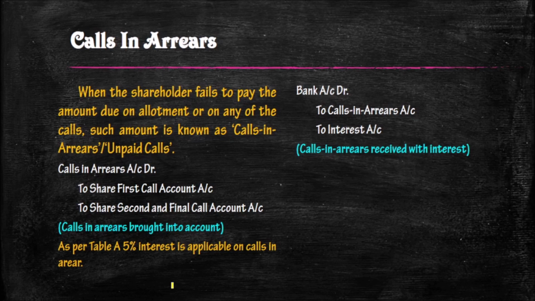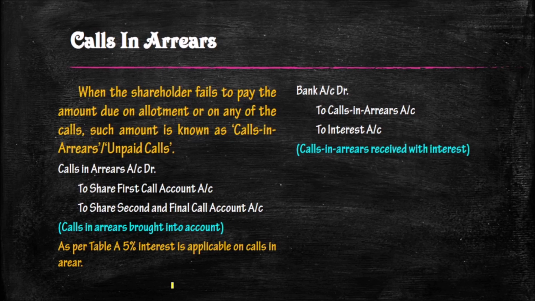Due date means what? Once the company issues the letter of allotment, in that letter the company will clearly mention on which date they have to pay the first call money or second call money, like that. So that is the due date on which the company will inform.